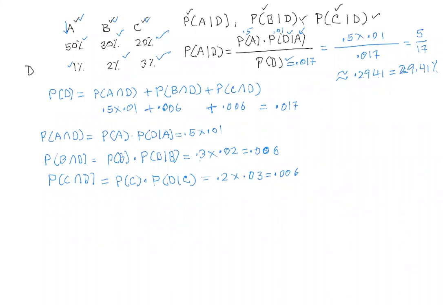All right. That's the probability that plant A has made it. Now we can do the same thing for plant B and C, right? So probability of plant B making it, given that it is defective, which is this one: probability of B times the probability of defective given B, all of it divided by probability of defective.